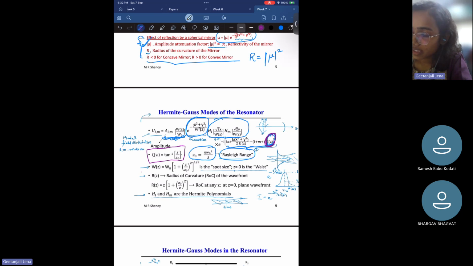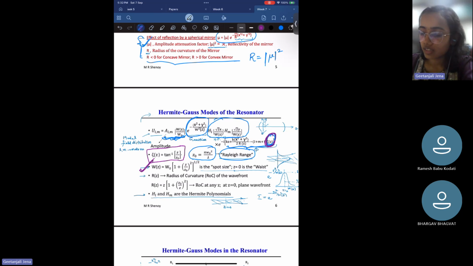And W of Z, which we have seen in the equation, defines the spot size. It is related to W0 times the square root of 1 plus Z by Z0 squared. And W0 defines the waist of this beam. We'll see later what this waist size is.